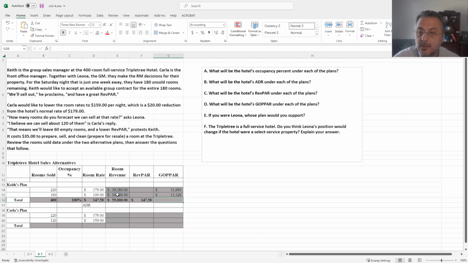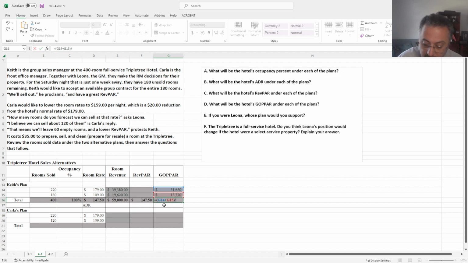Now, in order to calculate gross operating profit per available room, we do the same thing. We add the profit after the variable cost, which is the total of these, in parentheses. Never forget your parentheses.